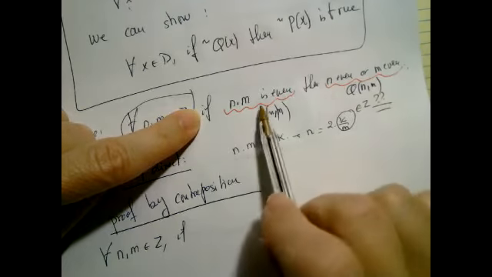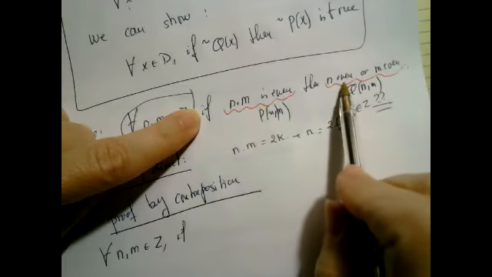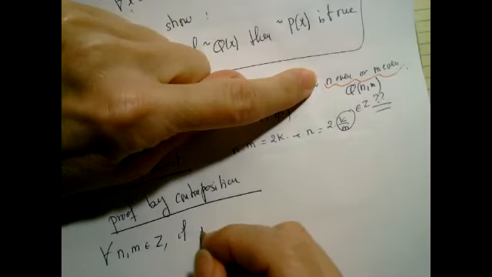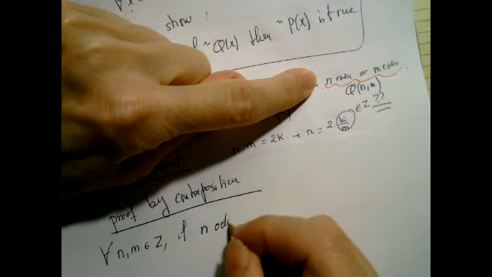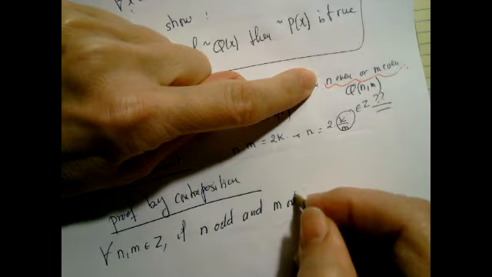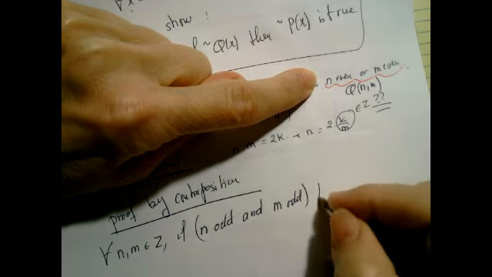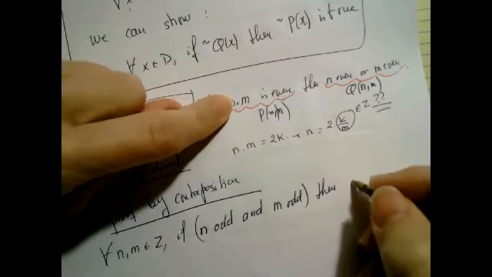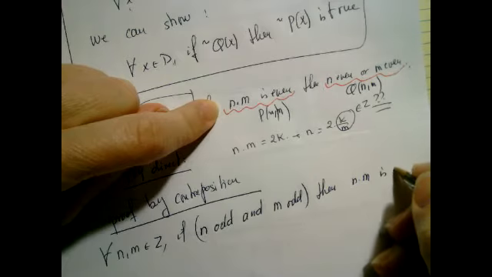If this is not the case, then this is not the case. What is non-Q? It means n is odd, not even. And m odd, that's the negation, then nm is odd.